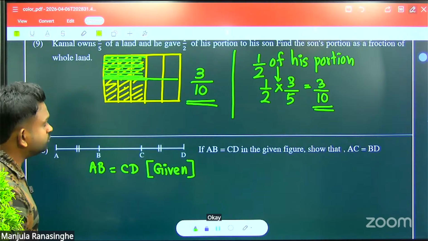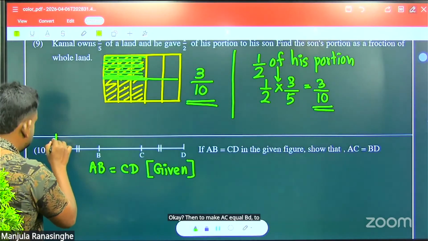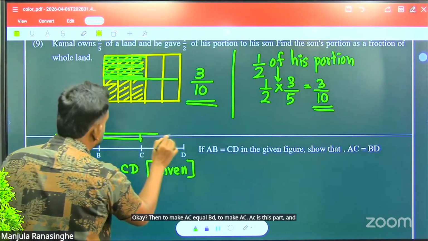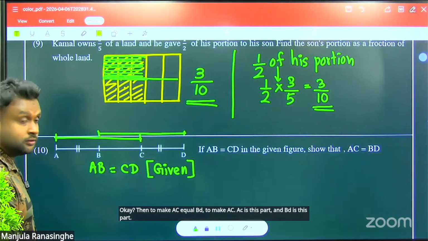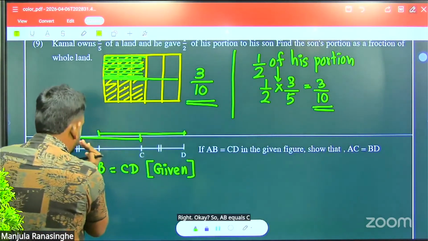Okay, then to make AC equal BD: AC is this part and BD is this part, right? So AB equals CD, that is fine.